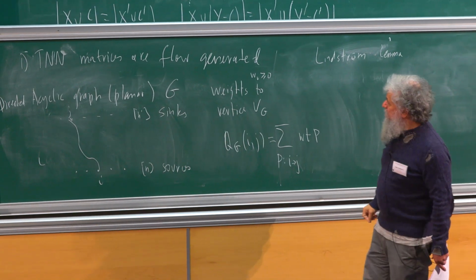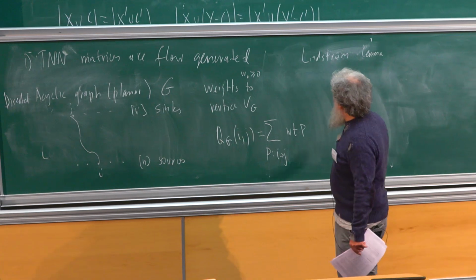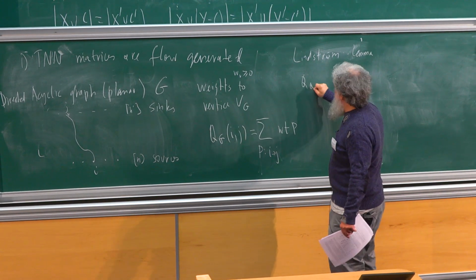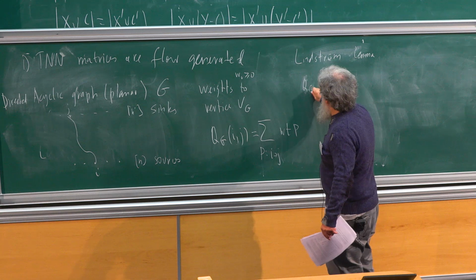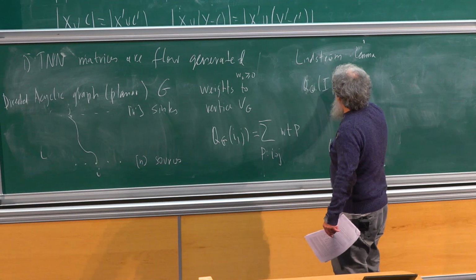which says the following. How to compute a minor of the matrix with sets I and J?